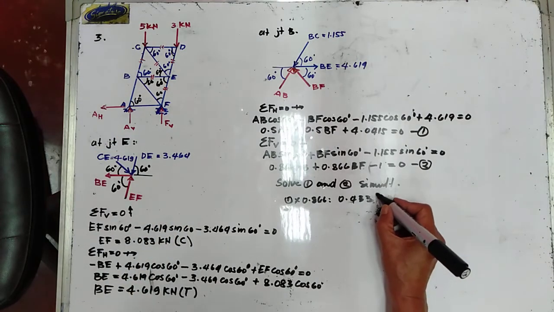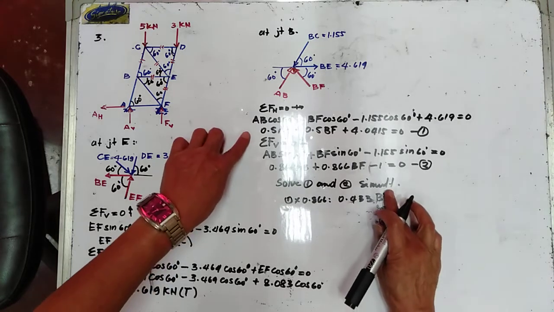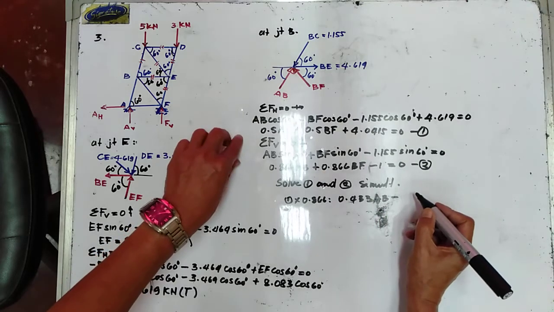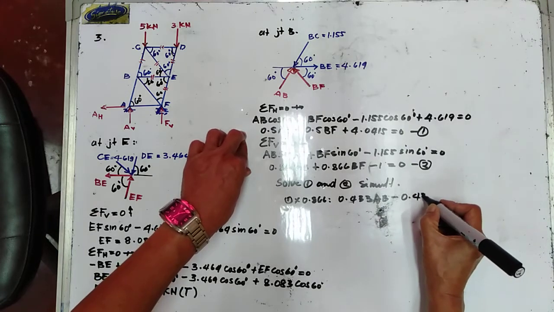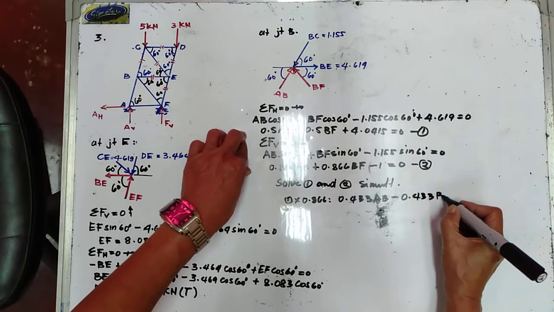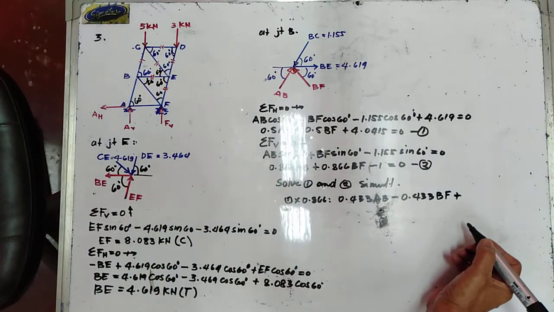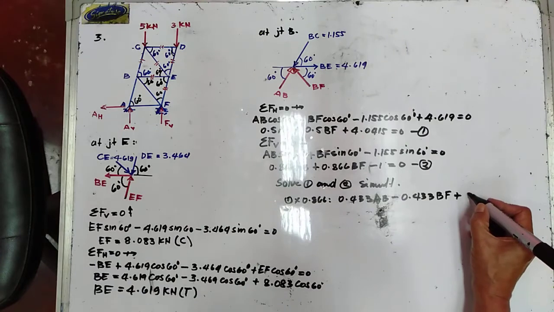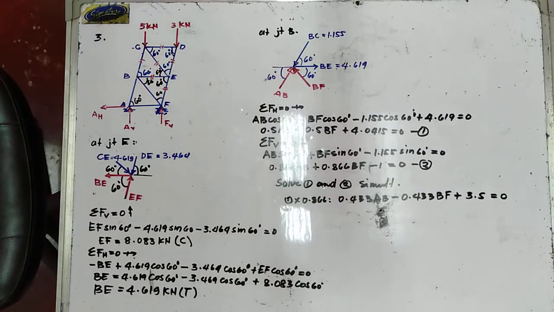We have 0.433 AB minus 0.433 BF, and then plus 0.866 times 4.0415, which is 3.5, is equal to 0.